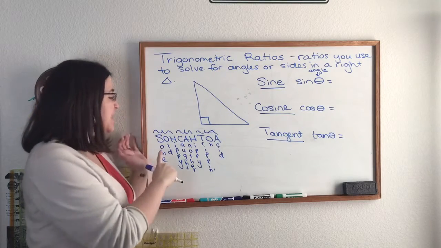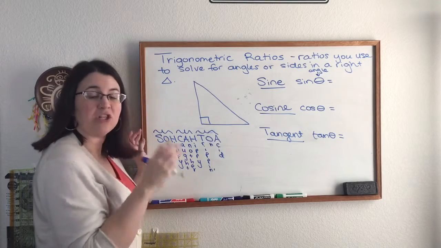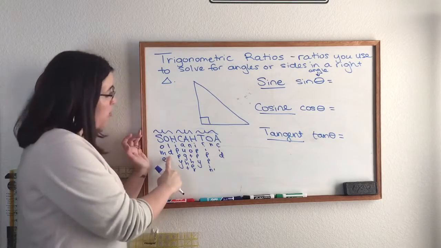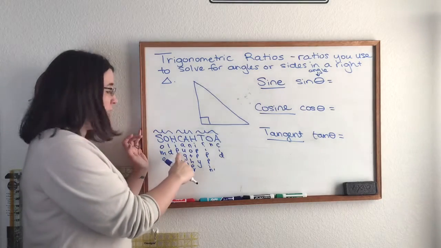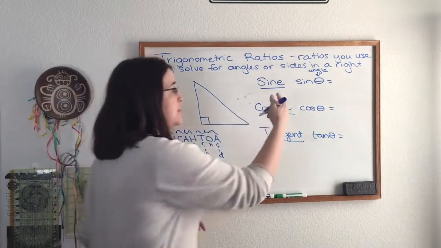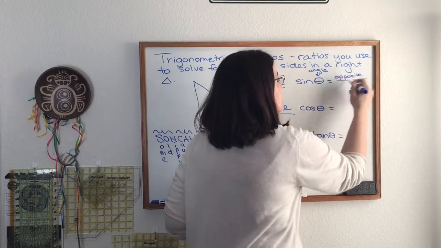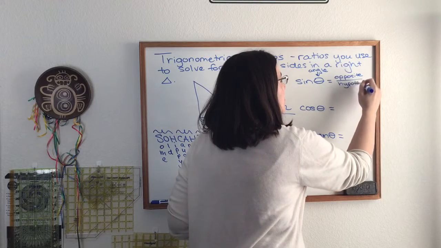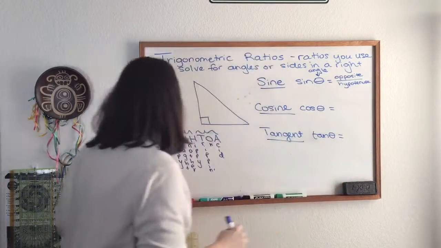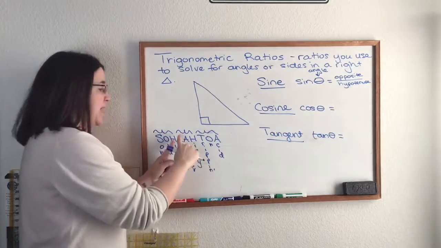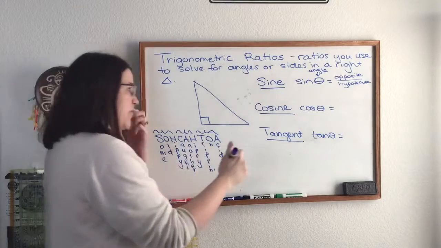All right, so the idea here is some old hippie just helps you remember the order, the S and the O and the H. Okay, O always stands for opposite, and H always stands for hypotenuse. So sine is the opposite over the hypotenuse. Okay, cosine, the caught another hippie, reminds you of the CAH, and that's cosine is adjacent over hypotenuse.